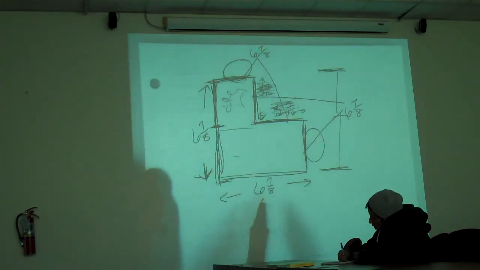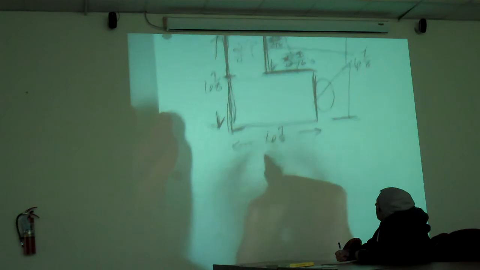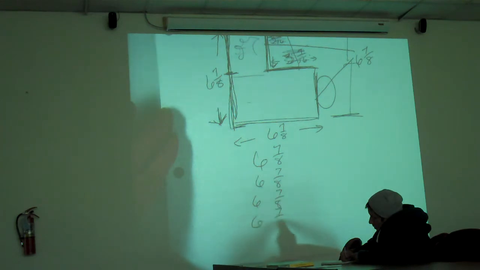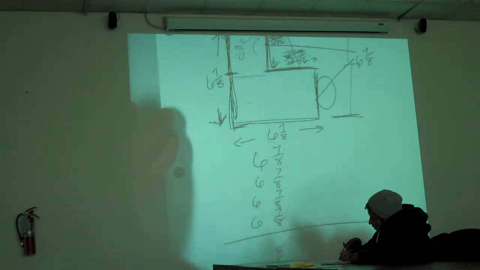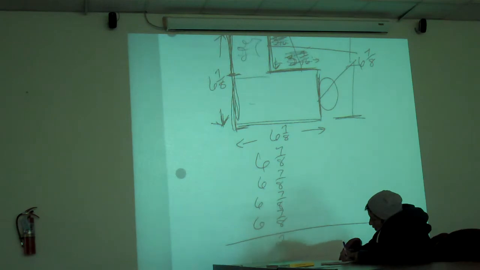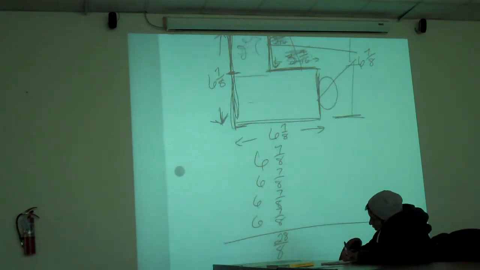You can just say it's 6 and 7/8 4 times. So write 6 and 7/8 4 times, and you've got the 8's on bottom, 7 4 times is 28, right? 28, and then 6 4 times is 24.